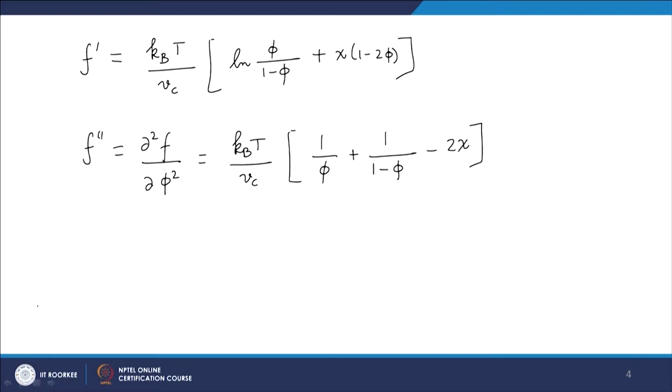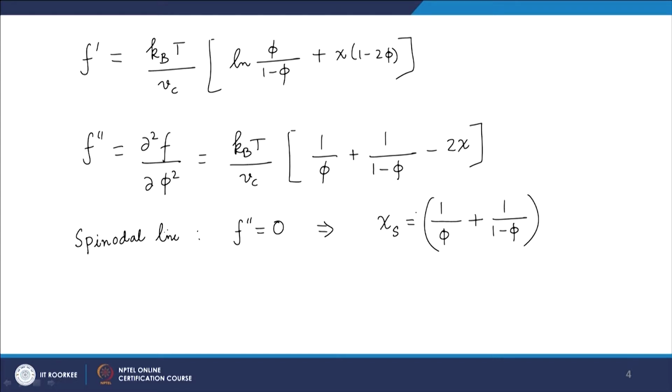So, if I want to get the expression for the spinodal line, then it has to be given by f double prime is equal to 0, which gives me the expression, if I represent chi s as the value of solvent quality for the spinodal line, that has to be 1 by phi plus 1 by 1 minus phi, the whole thing divided by 2.